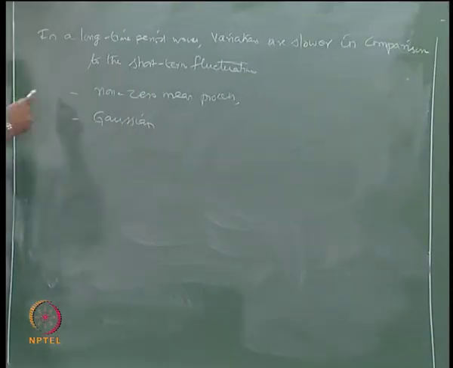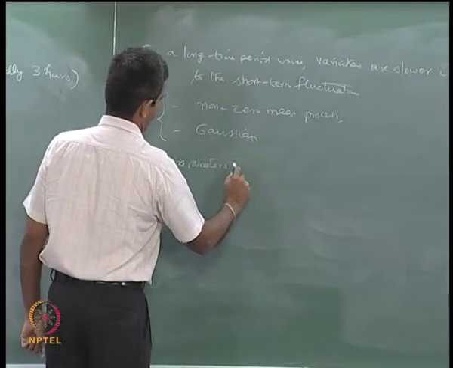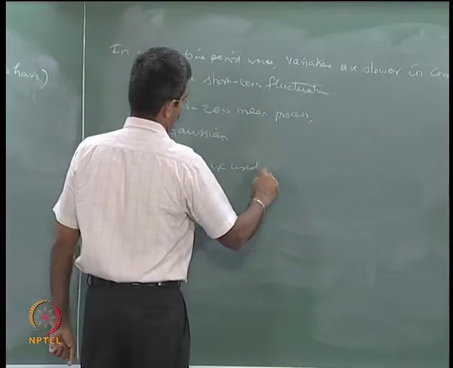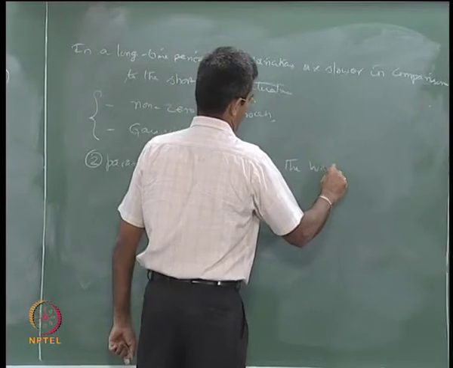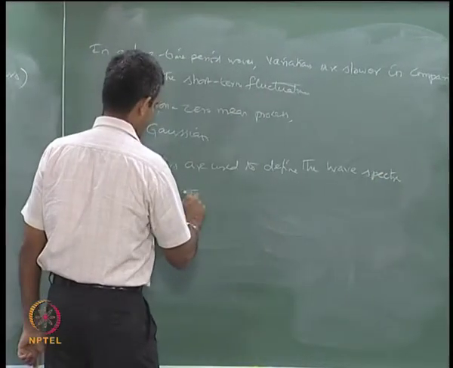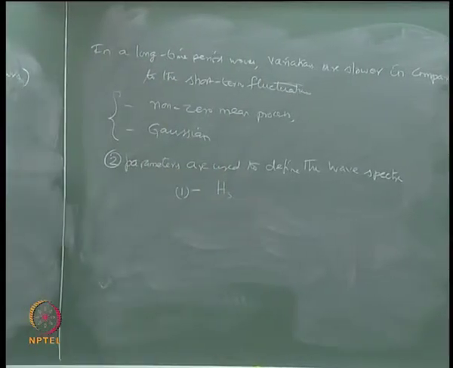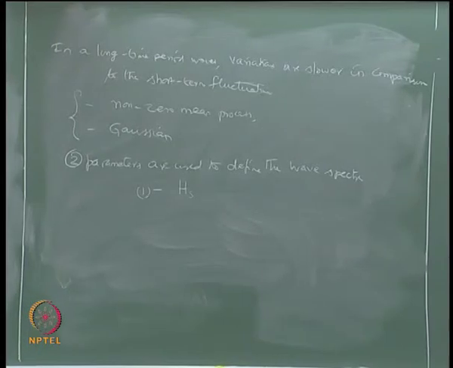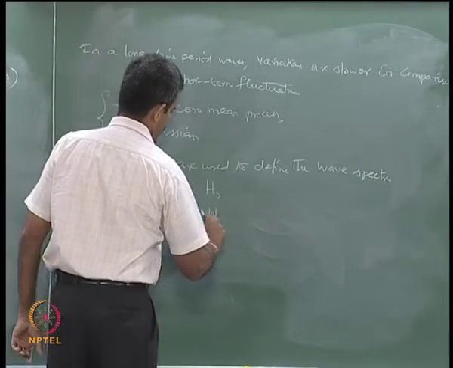In such cases, two parameters are used to define the wave spectrum. One is the significant wave height, the other is the wave peak period.